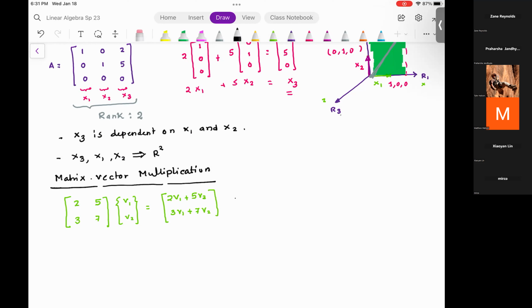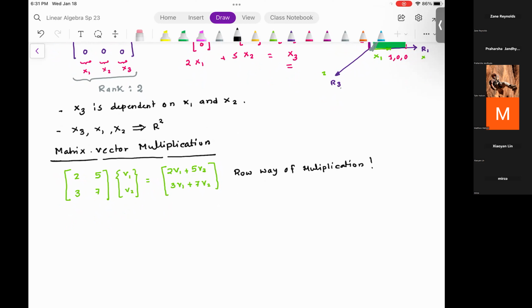Now, please understand there is a column way of multiplication as well. I want you to notice this is 2, 3, 5, 7 multiplied by V1, V2. Please notice, this is a vector, so I'm going to call this vector x1. This is another vector, I'm going to call this x2. And V1 and V2 are the weights to these vectors.